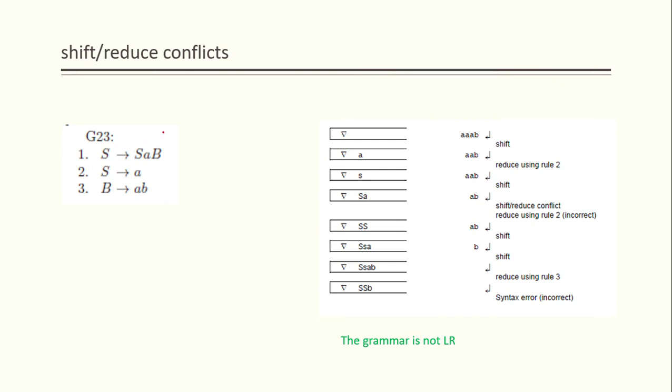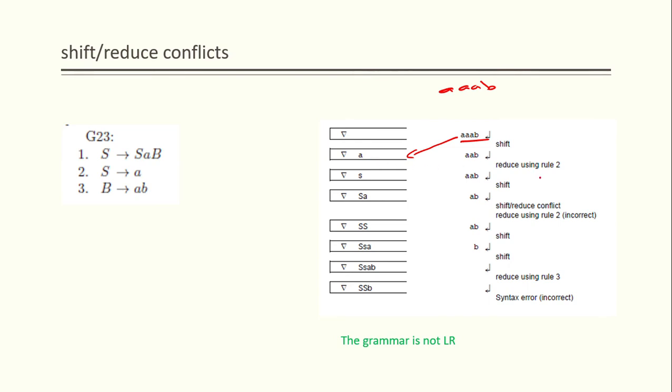Let's say we go through this stack frame. So let's say this is the input A, A, B. You start with A, so you start by shifting the first input A. Now you need to check the right hand side of the grammar. Is there any A on the right hand side? Yes, which is rule number 2.